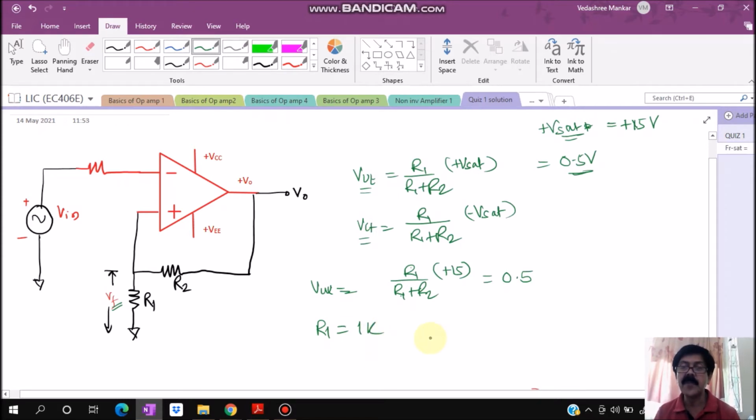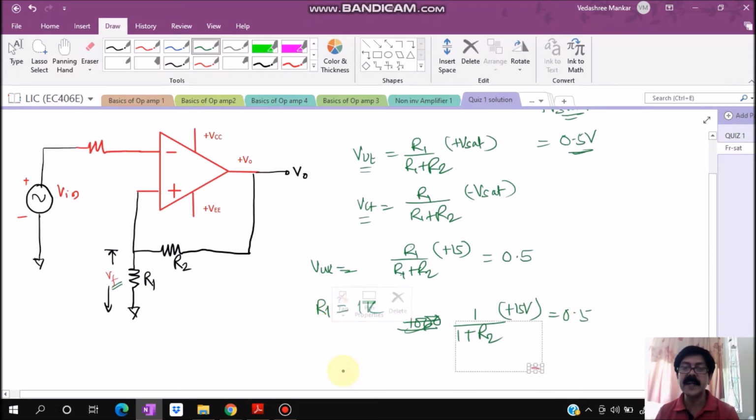So when I put a value 1, in the kilo ohm range only, upon 1 plus R2 into plus 15 volt is equal to 0.5 volt. So if I do the calculation, I'll get a value R2 equals 29K.